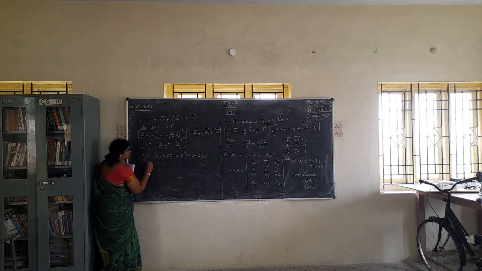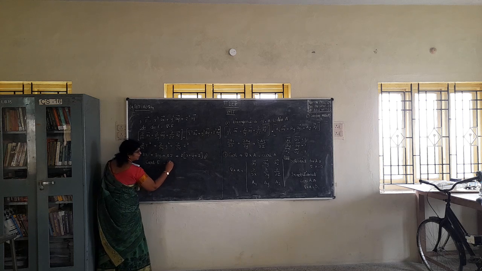Second one, curl of f means del cross f.